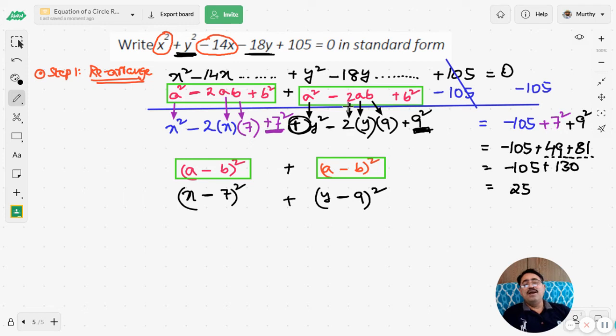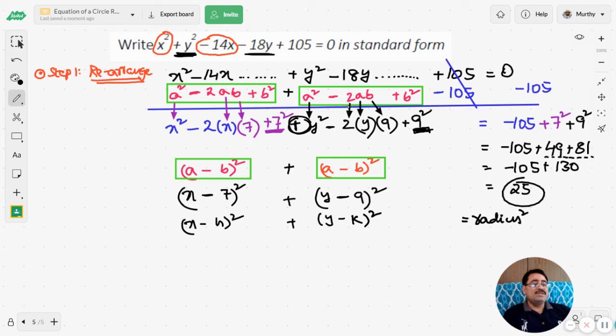You know that when we write the equation, we write in the form of x minus h square plus y minus k square equals radius square. So radius square is 25, which is a very small number.